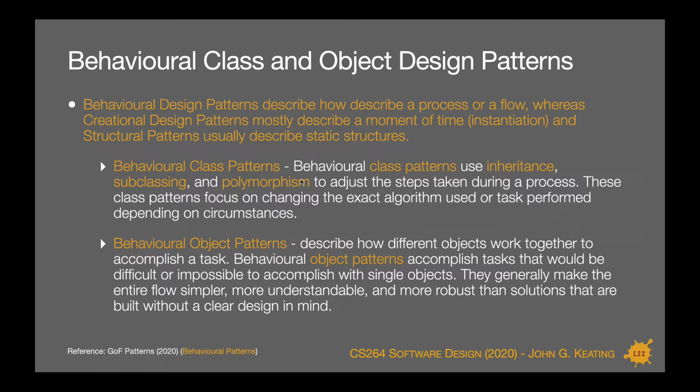If we think about behavioral, we have these two forms, class patterns and object patterns, and we've seen these before. The class patterns use inheritance, subclasses, and polymorphism to adjust the steps that we're taking during the process. They focus on changing the exact algorithm used or task performed depending on the circumstances. Whereas the object patterns describe how different objects work together to accomplish some task.